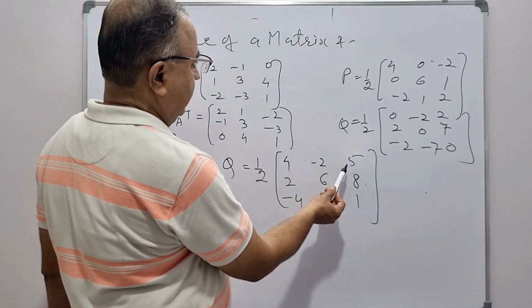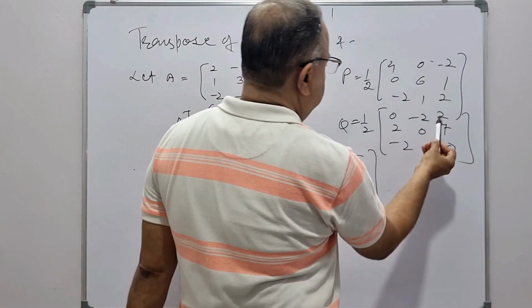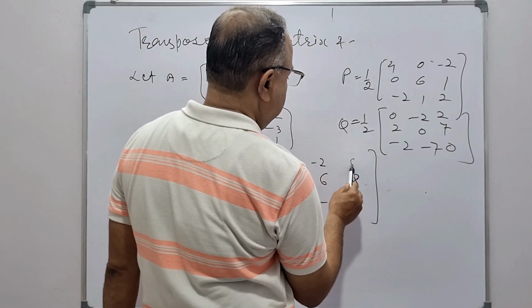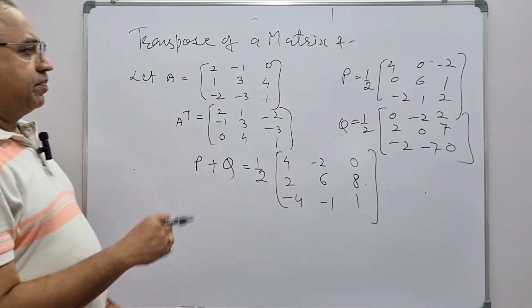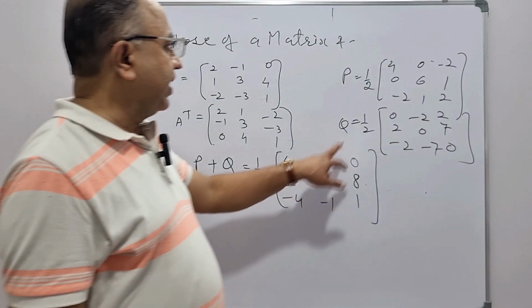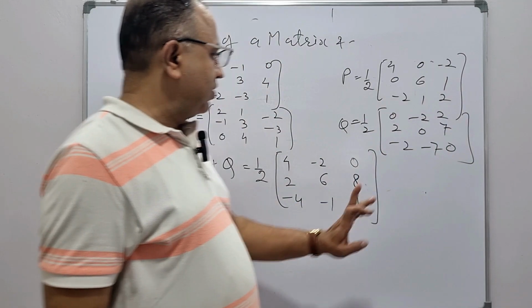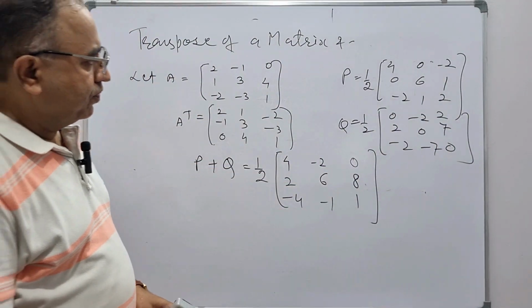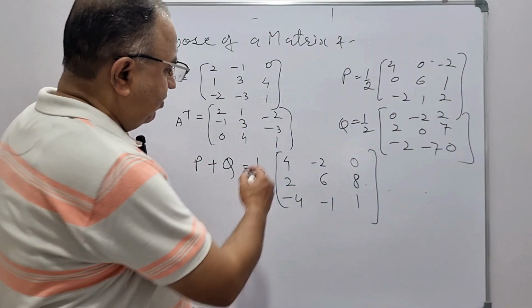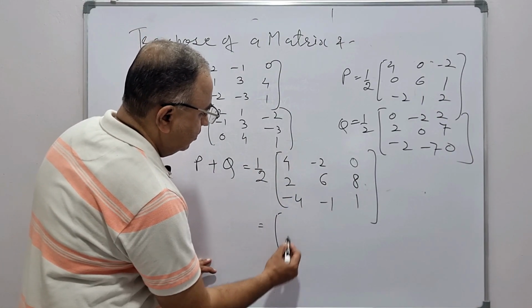Something seems wrong here. No, minus 2 plus 2 is 0. No? We have added P and Q both. You can check the corresponding integers. No? 4 plus 0, 0 minus plus minus 2 is minus 2. Minus 2 plus 2, 0. So corresponding, now each of these entries is divided by 2 here.